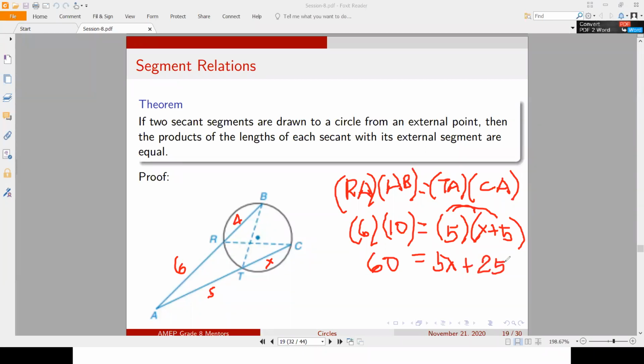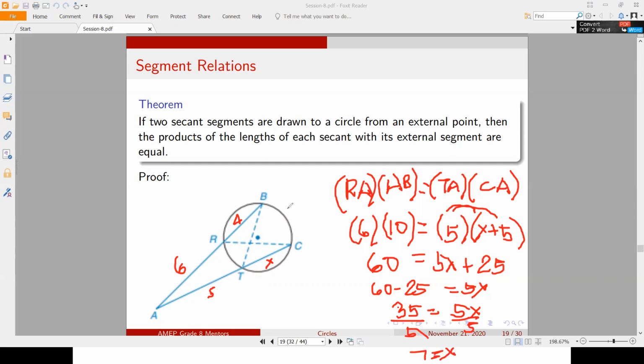Then ililipat natin, 60 minus 25 equals 5x. 60 minus 25? 35 po. That will be 35. So 35 equals 5x. So divide natin, divided by 5. So x is equals to 7.